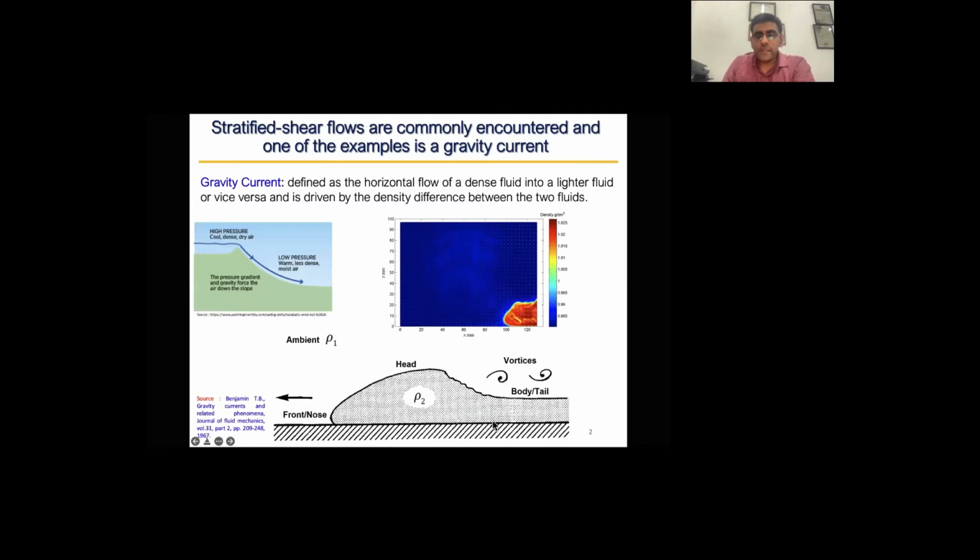So you can see that the current is moving down, and once the front has passed, there is 20-25 seconds where the velocity is steady. We know the velocity of the head and the body that are following.